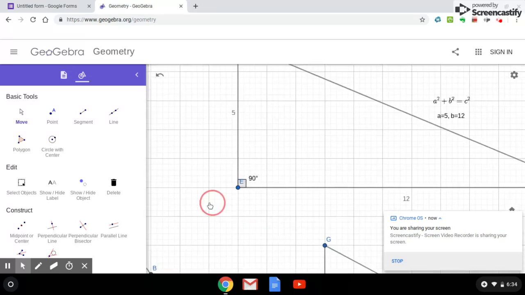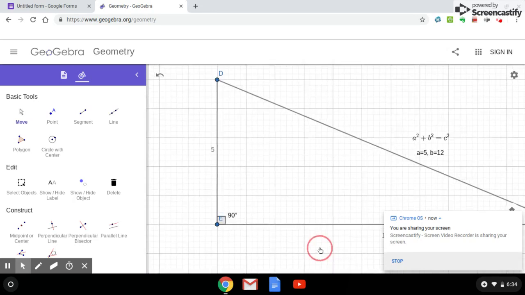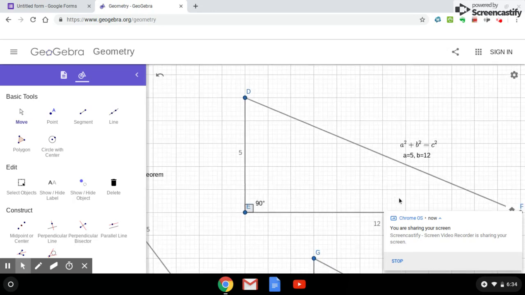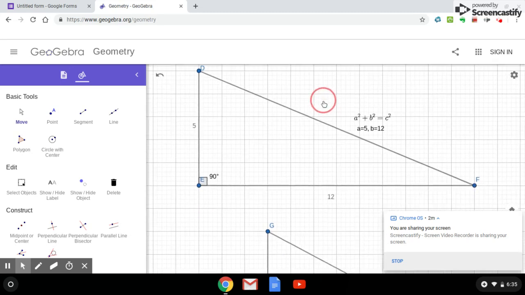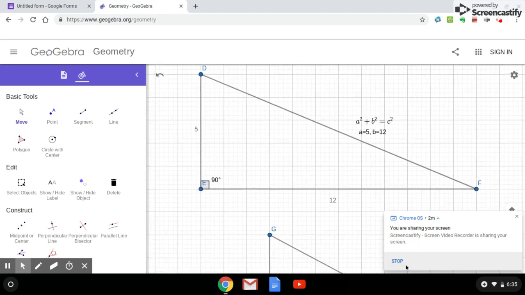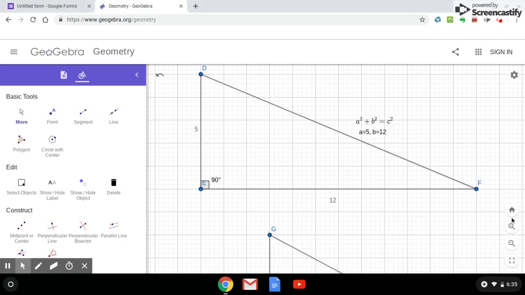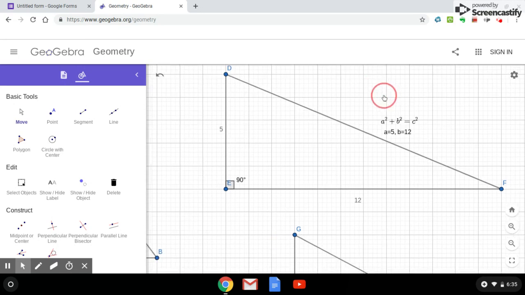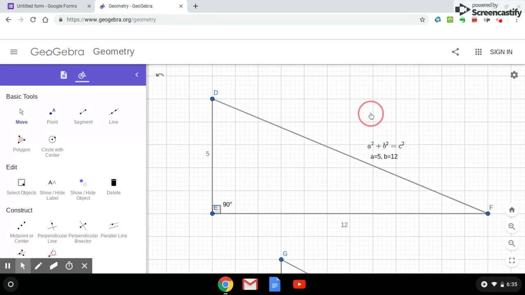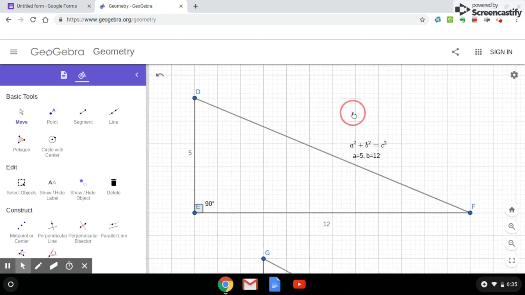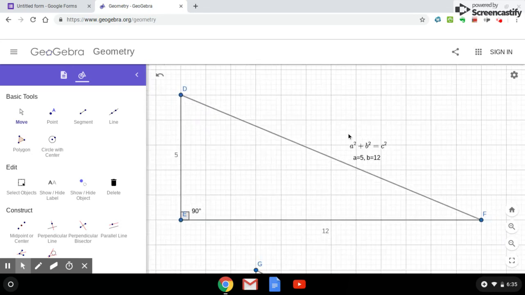Now, if we come over right over here, I've made a larger triangle for us to look at. So if we look here, we see that we have another triangle, but now we're going to have to start finding our values.